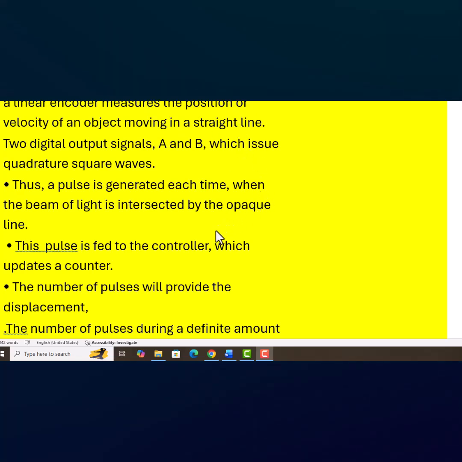Once the distance is known and the time taken is known, the speed of the joint, also called velocity of the joint, can be calculated, and the direction is decided by the phase difference between the pulses produced by phase A and phase B.